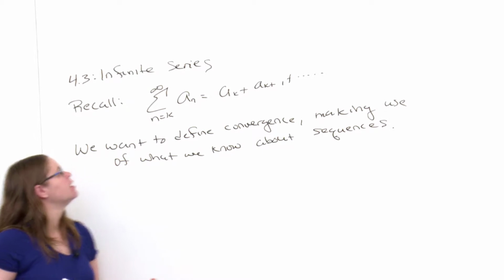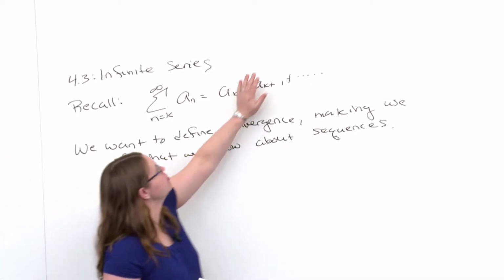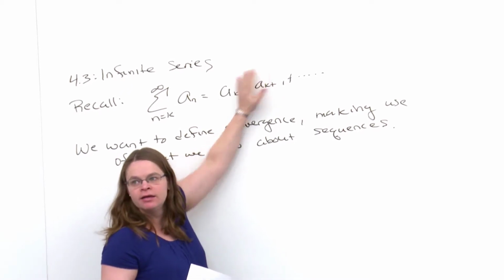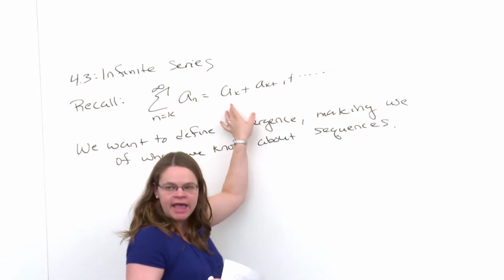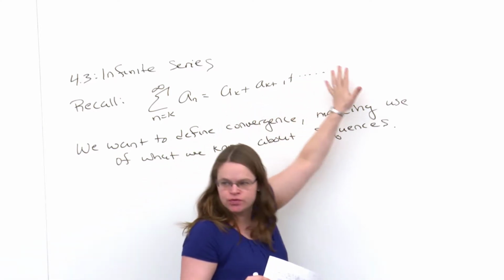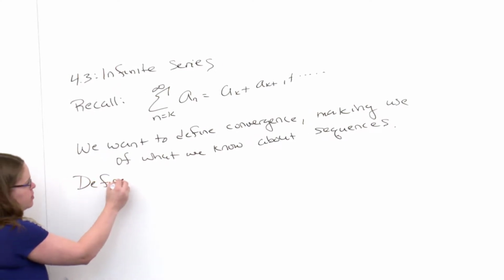So I guess there's a natural way to do that, is to say, well, we could take a sequence where the first term is just a_k. The second term is a_k plus a_(k+1). That's a number. Then a_k plus a_(k+1) plus a_(k+2). That's a number. And we can generate a sequence like this by just adding one more term onto it each time. And these are called partial sums. So we're going to define these partial sums.